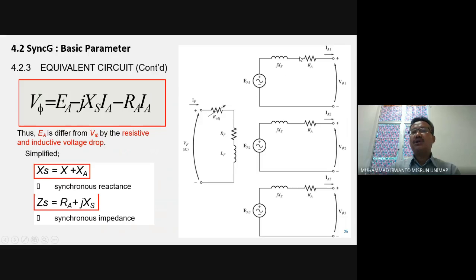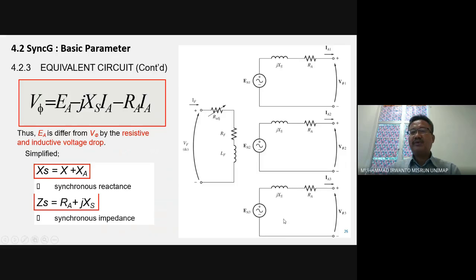Now we can see here that the terminals 1, 2, 3 of the three-phase synchronous generator are connected to a balanced load. So the value of the armature resistance and also the synchronous reactance per phase is the same. This is the formulation for the per-phase equivalent circuit of the synchronous generator.